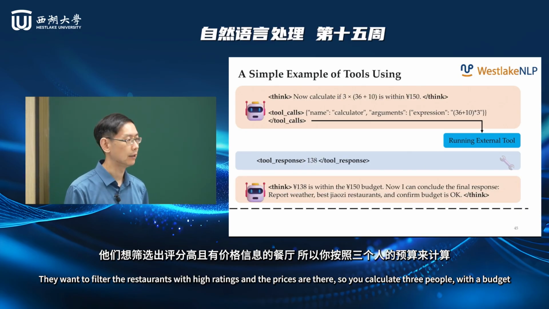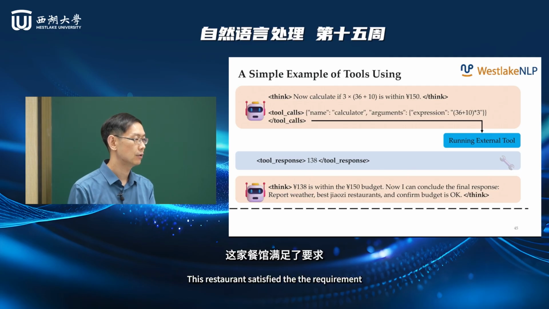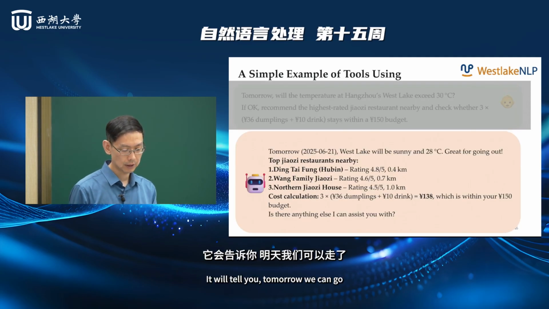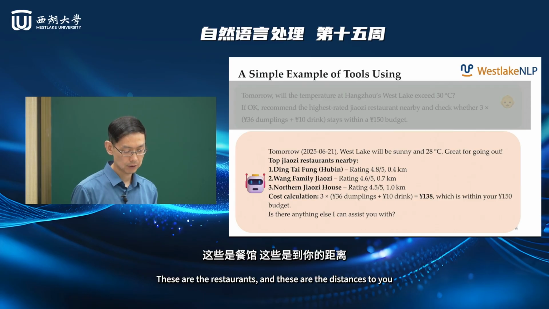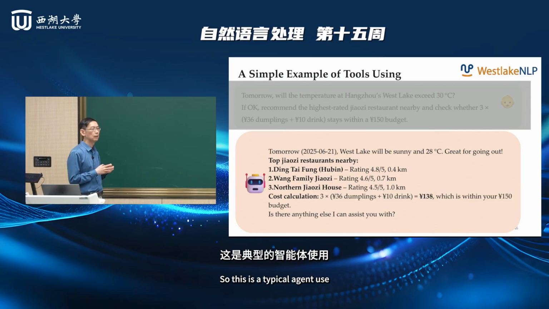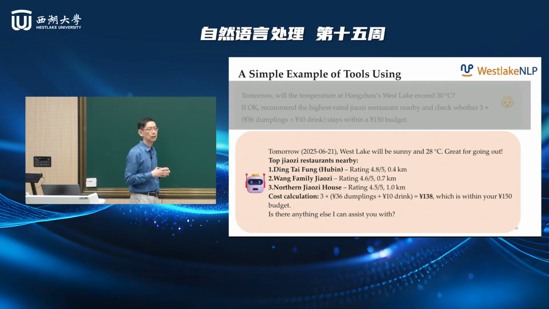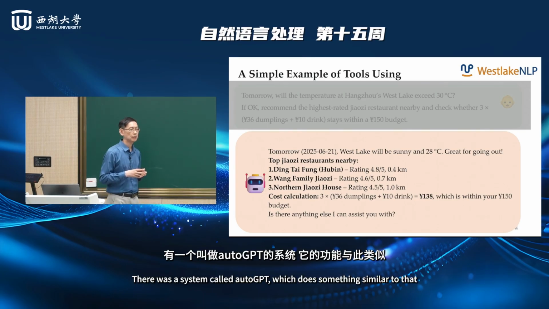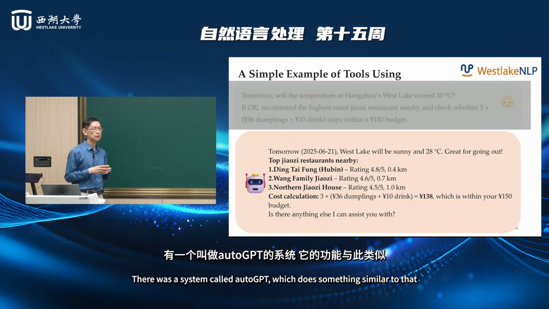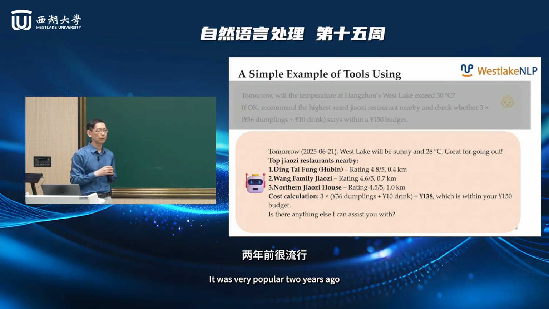So you calculate for 3 people with a budget, okay? This restaurant satisfies the requirement. It will tell you, okay, tomorrow you can go. These are the restaurants, and these are the distances to you. So this is a typical agent use, okay? There was a system called AutoGPT, which does something similar to that. It was very popular 2 years ago.